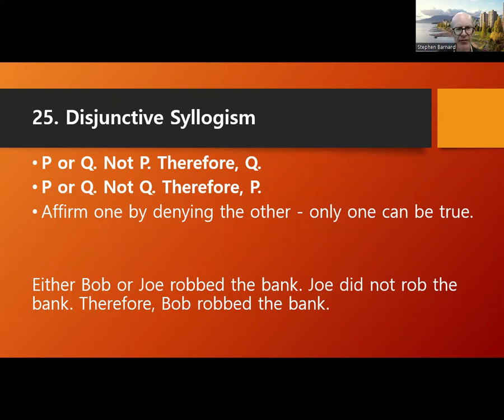And if you think to yourself, well, I'm allergic to fish, so I can't eat the fish. Therefore, I have to eat the chicken. In that case, you've got 2 clear choices. Maybe there's no vegetarian dish. There's no salad. It's either the fish or the chicken, and you cannot eat the fish because you are allergic to fish. Well, therefore, you have to eat the chicken. It's either P or Q, and it cannot be P, therefore it must be Q.